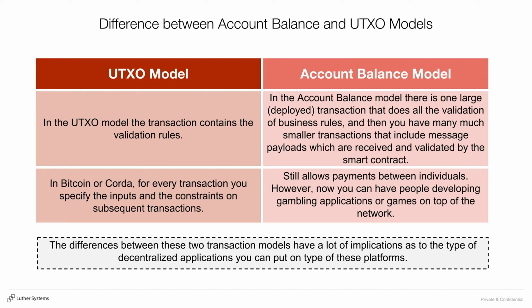The validation rules are contained in this separate program that's been installed on the network, and the transactions only include message payloads that are sent, and the installed smart contract receives those message payloads and executes the business logic.